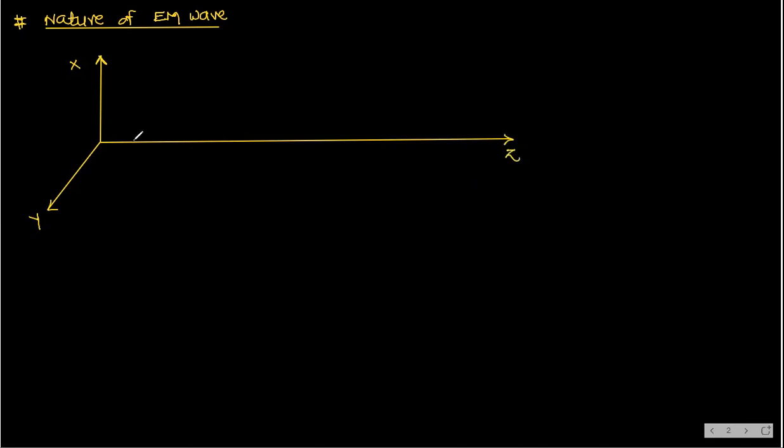And this wave is propagating like this. This is the electric field along the x-axis. You can see here.